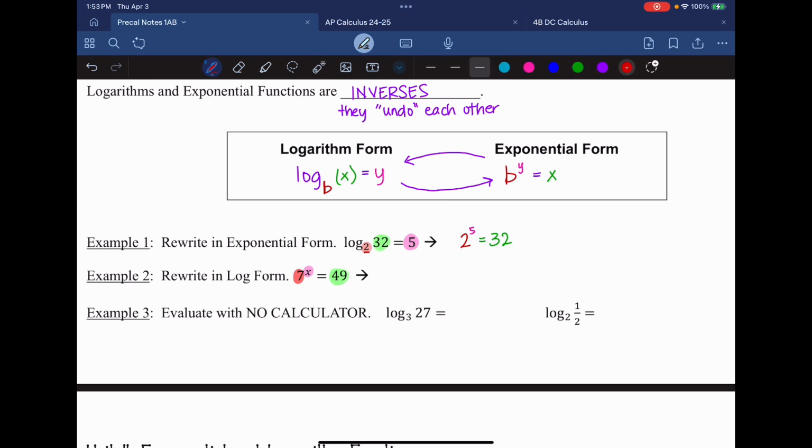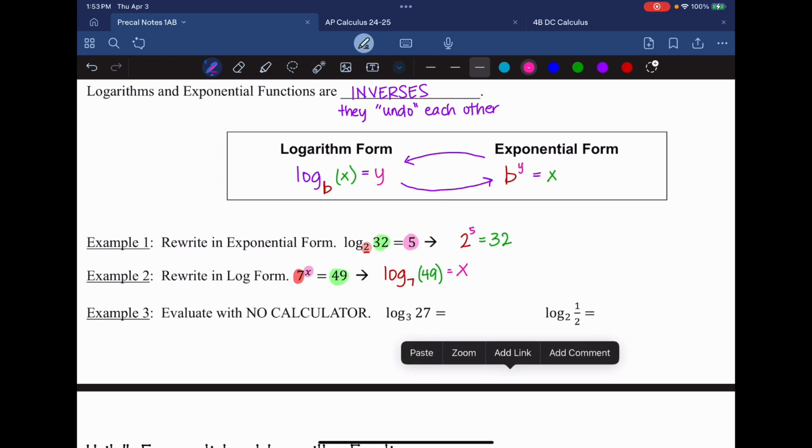So since our base of the exponent is 7, we'll convert that to log base 7. 49 will become my argument of the log, and it will be equal to x. So on these, again, I'm just rewriting them, going from one format to the other.